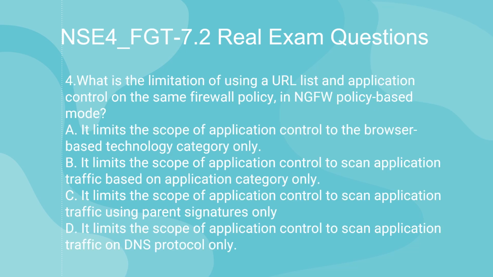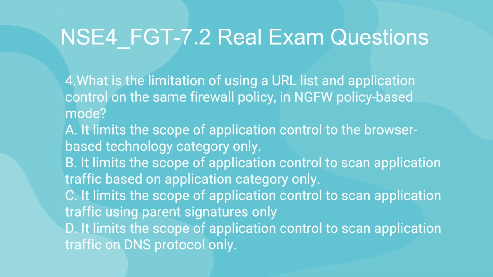4. What is the limitation of using a URL list and application control on the same firewall policy, in NGFW policy-based mode? A. It limits the scope of application control to the browser-based technology category only.